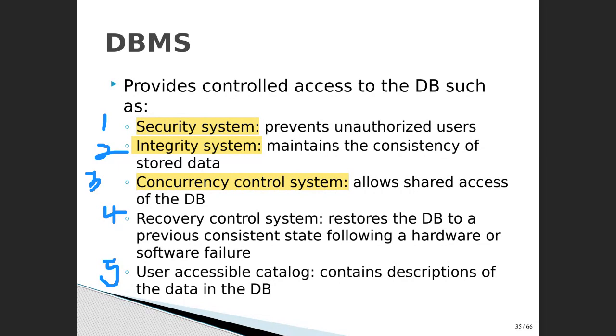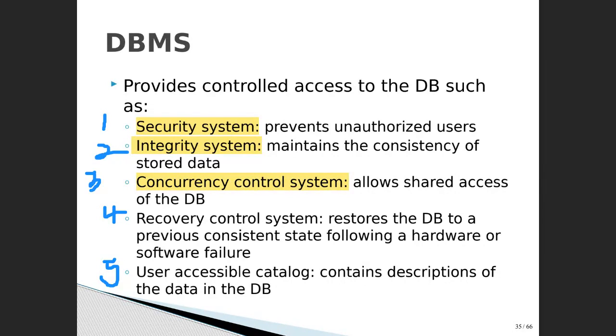But in the database management system, there will be concurrency control, which means that multiple users are allowed to access the database at the same time. There will be no breakdown or system error, for example, if multiple users are accessing the database.